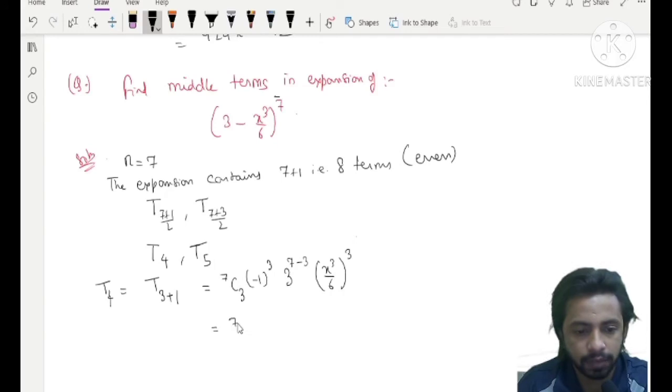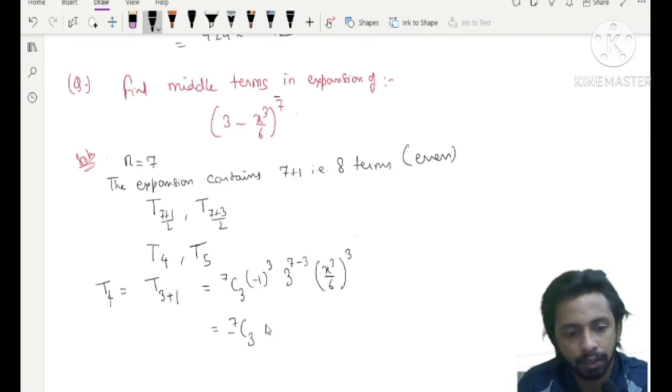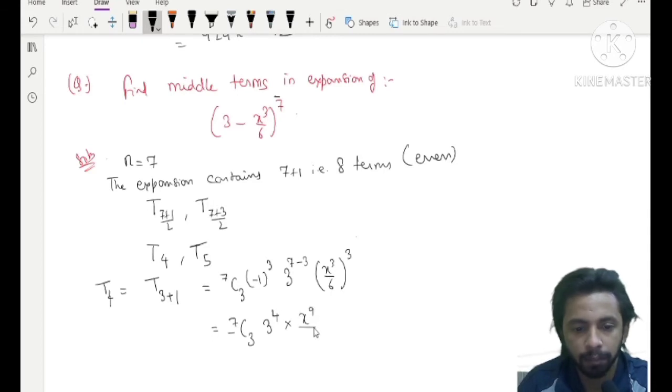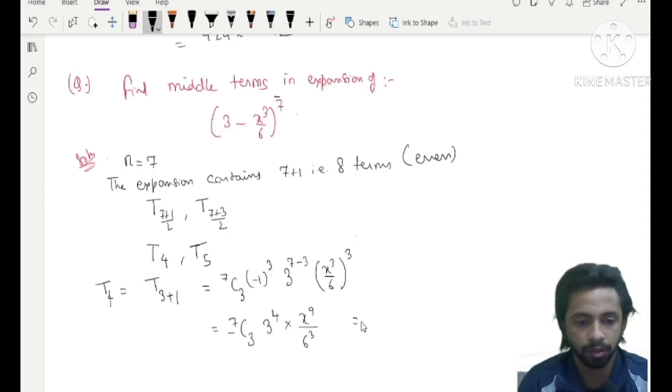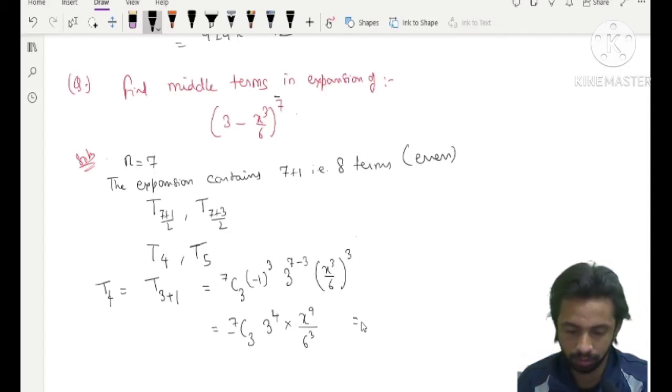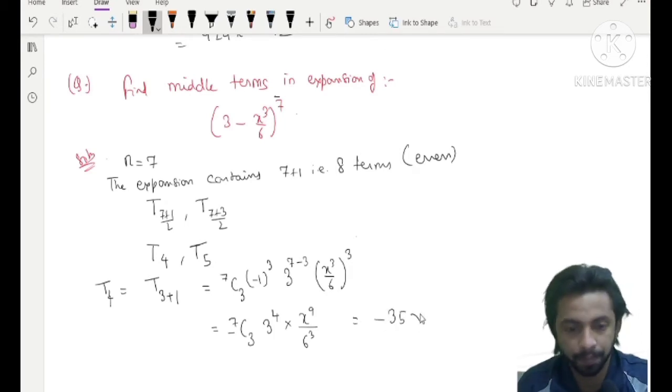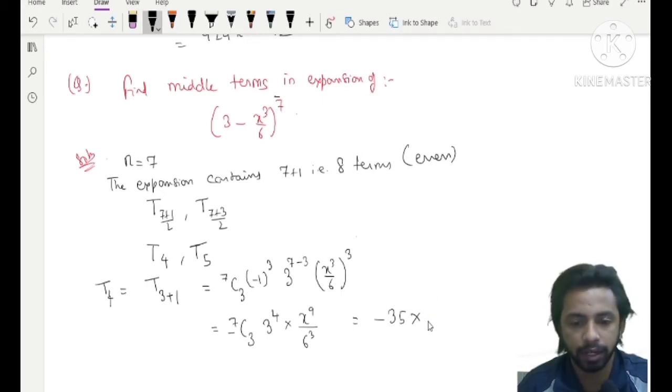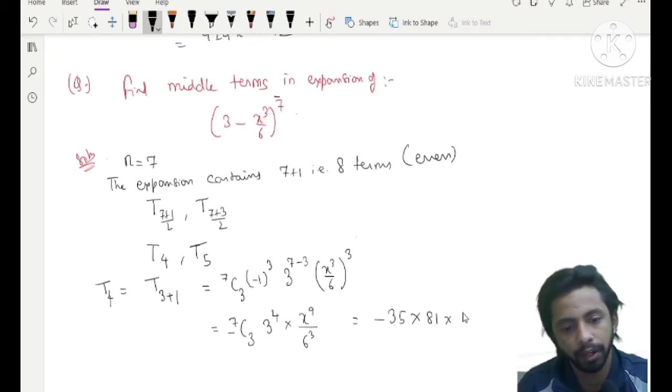So this is 7C3, minus 1 raised to the power odd number is a negative term, so I am placing a negative sign, and this will be 3 to the power 4 multiplied by x to the power 9 by 6 to the power 3. 7C3 is equal to 35 multiplied by 81 into x to the power 9 by 216.